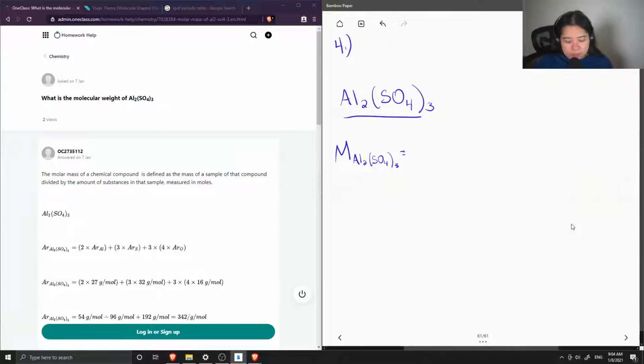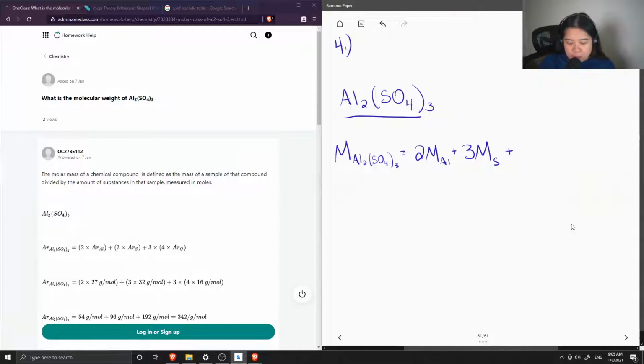So for example, we have 2 aluminums. So we would do 2 times the molar mass of aluminum plus 3 times the molar mass of sulfur plus, and then here you can see that the oxygen has a subscript of 4 and the whole sulfate ion has a subscript of 3.